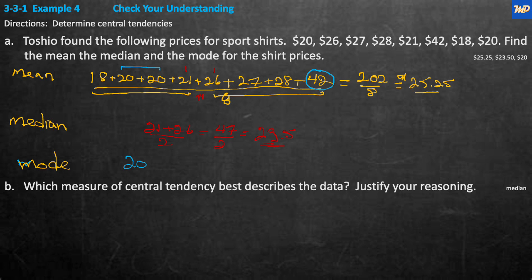We know that the median is 23.5, and since the mode is 20, that's quite a bit below the 23.5. So it seems to me that the middle value is around 23, 24. 20 is going to be too low, so it's probably going to be the median. That'll give us the best answer.